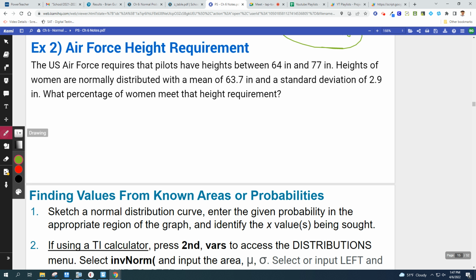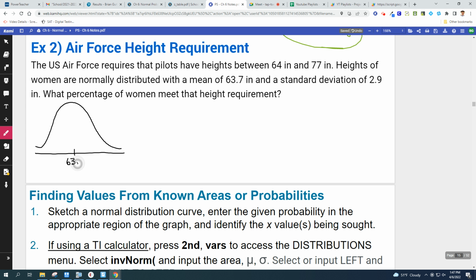All right, so I think it makes a lot of sense to draw a picture. We're going to have a normal distribution, so a normal curve, and the mean is 63.7.